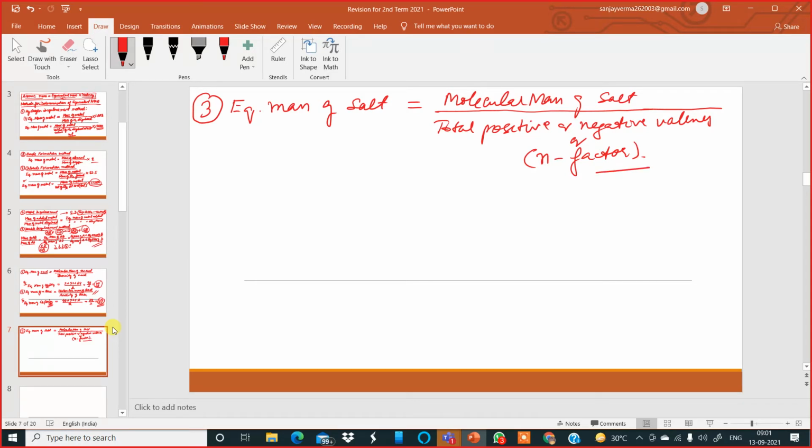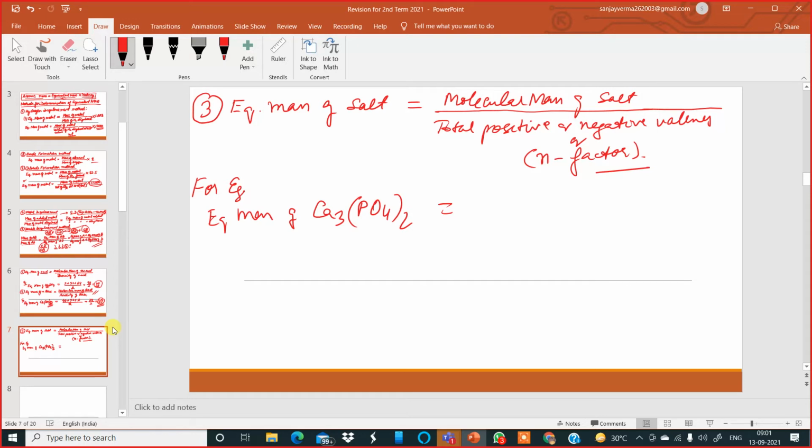Say, for example, if you are told to find the equivalent mass of a salt, let's take a good one: calcium phosphate, Ca3(PO4)2.